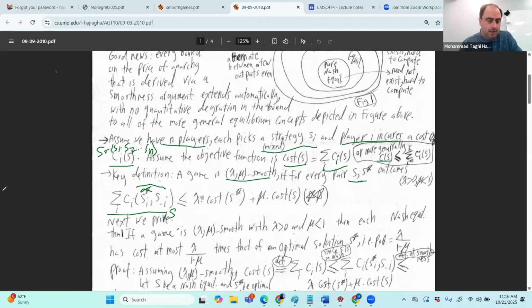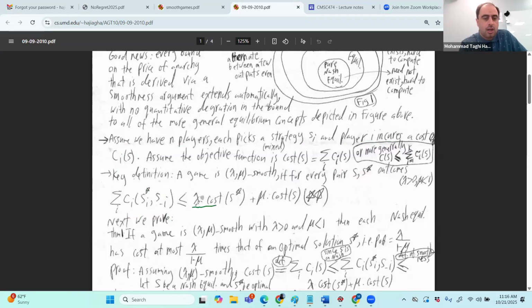Then what is the property that I should have? The property that I should have is this one. If you do this, then the sum of these costs would be at most lambda times cost of S star plus mu times cost of S. That's the meaning of smoothness.